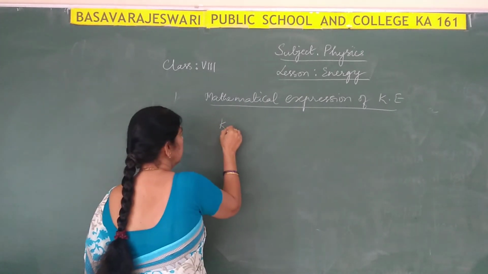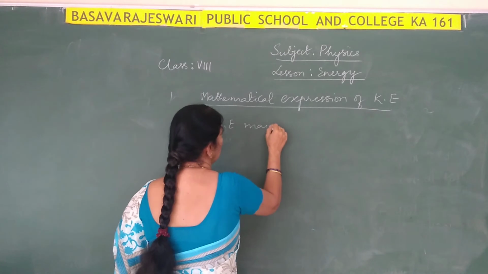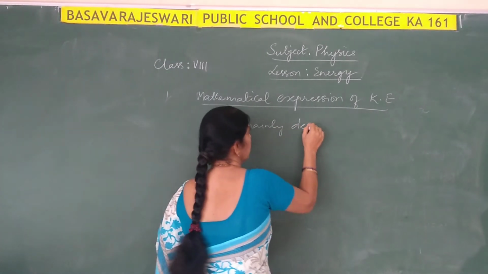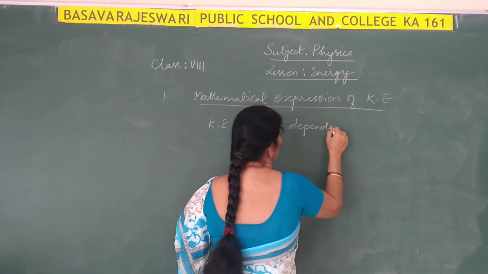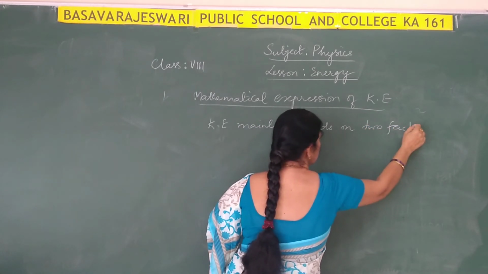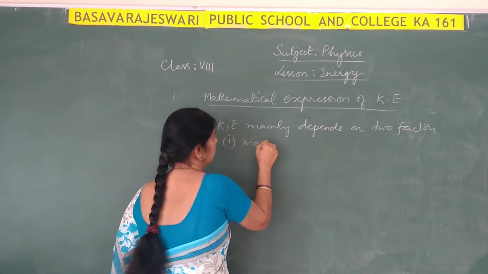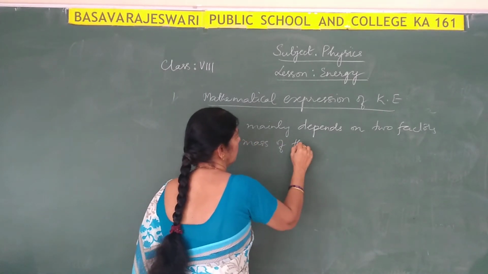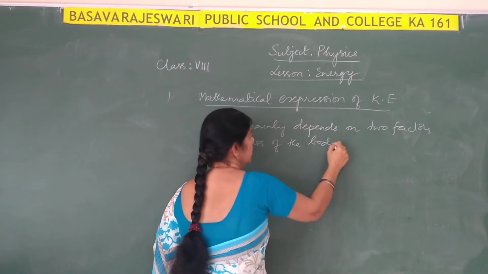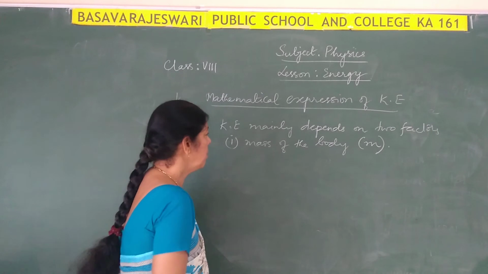Now, kinetic energy mainly depends on two factors. Which are those two factors? One is the mass of the body, and it is denoted by the letter m. Mass of the moving body.